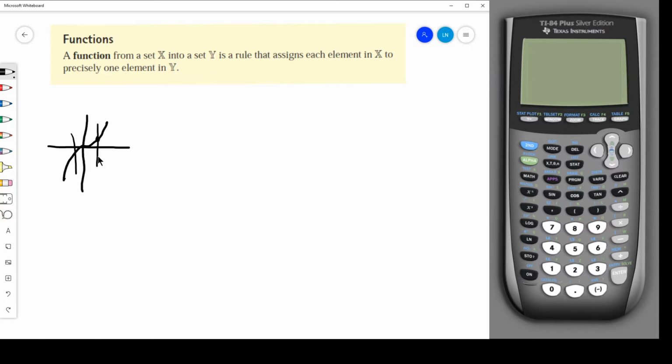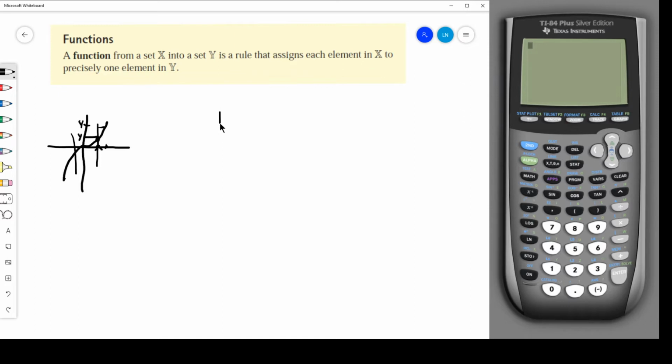So what that corresponds to is the idea that a function from X to Y is a rule that assigns to each element x exactly one y. So wherever I put an x, I can trace it back to the function, and there's only one y value that it's going to hit.